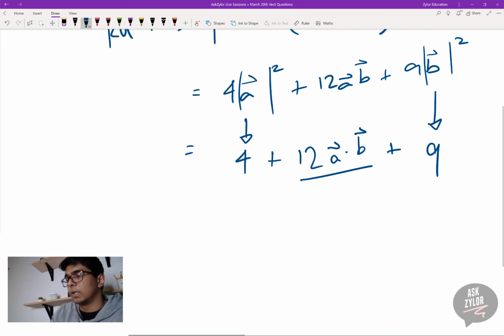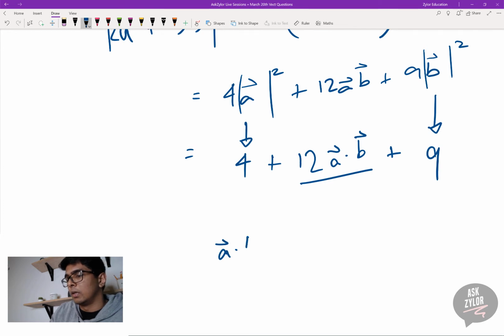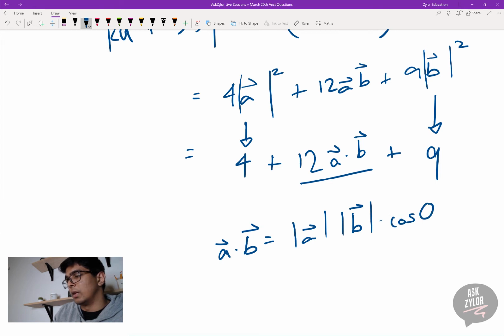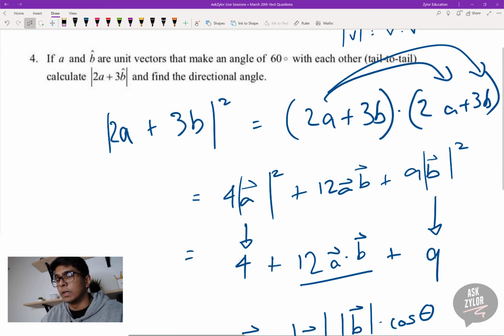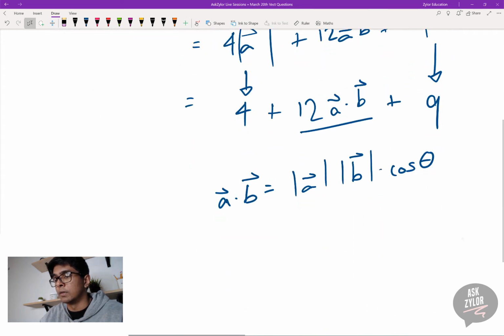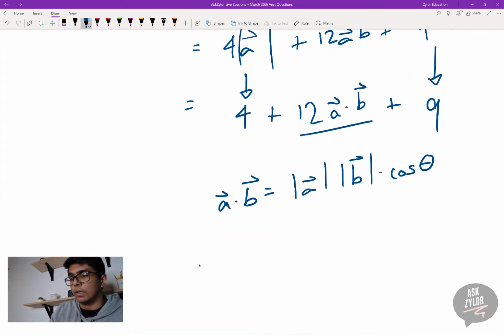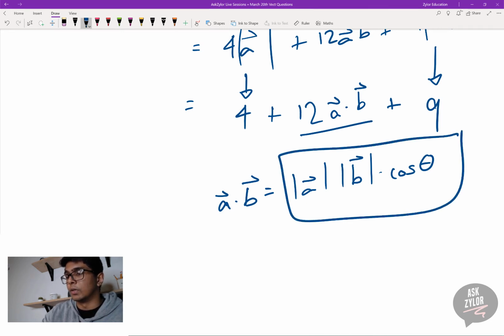So the dot product is going to be the magnitude of a, the magnitude of b, times the cos theta of the angle between them. And we know the angle between them, right? It makes an angle of 60 degrees. So we plug those back into my original equation.